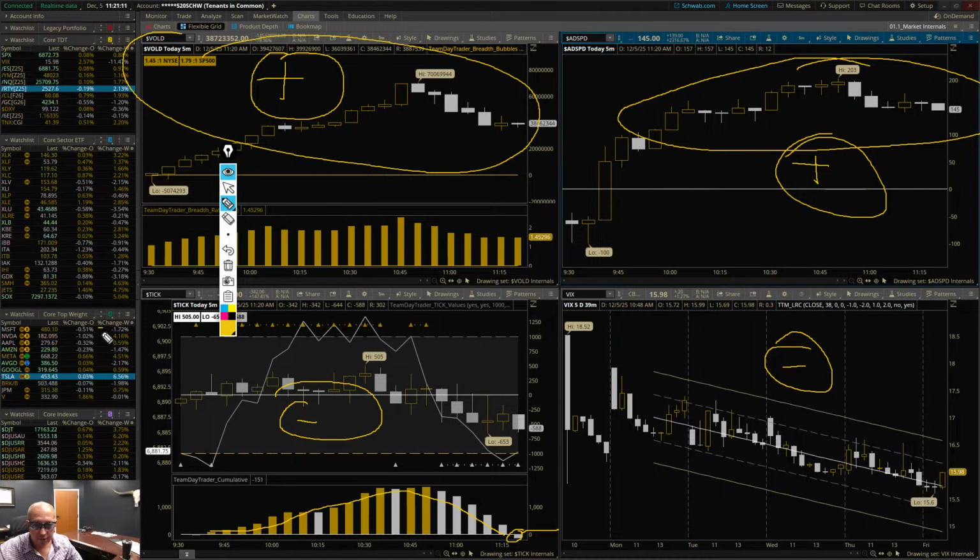Negative, negative, negative, negative, positive, positive, positive, positive, negative, negative, positive. So we have 5 companies positive. This is the top weighted, the top 11 top weighted in the S&P 500. You have this push and pull action where 6 companies from the open are negative.